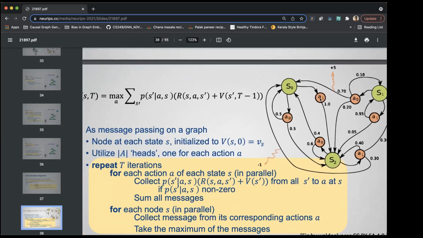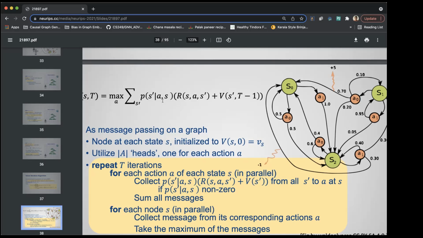We have A0 and A1, and we're going to do this in parallel. We're going to look at the probability of transitioning to S2 given A0 and S0, times the reward of taking this S0, A0, S2 decision, plus the value of S2.